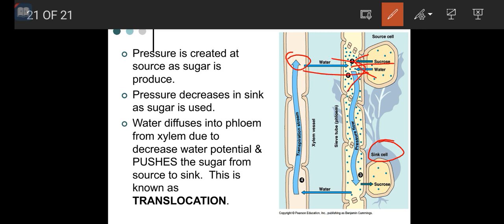When water is diffused here, it decreases the water potential, pushing the sugar from the source to the sink cell. This is the sink cell, and the sucrose or sugar is pushed by this and added here. This is the process of translocation.